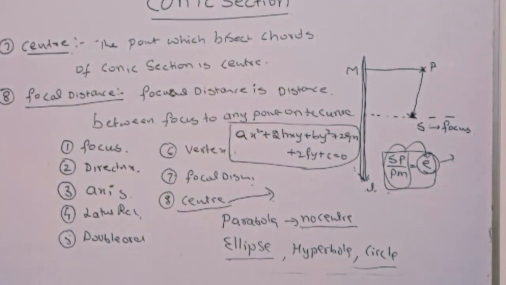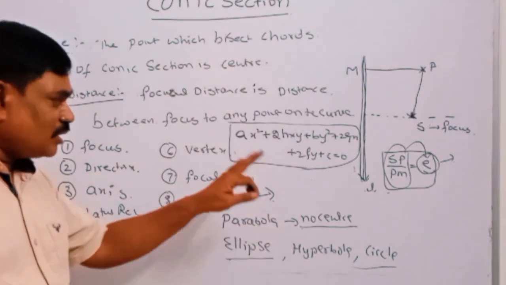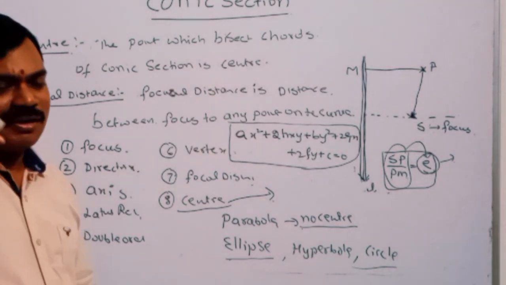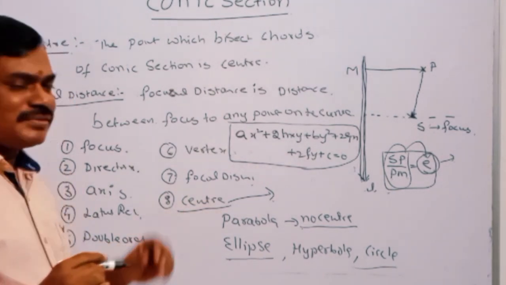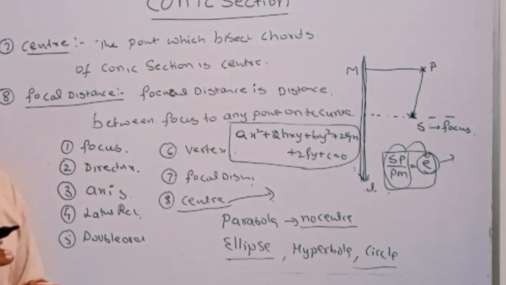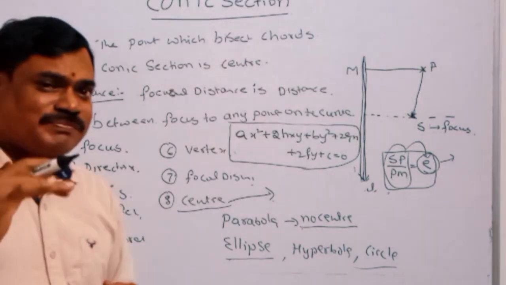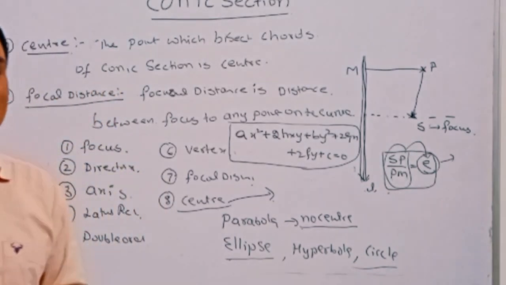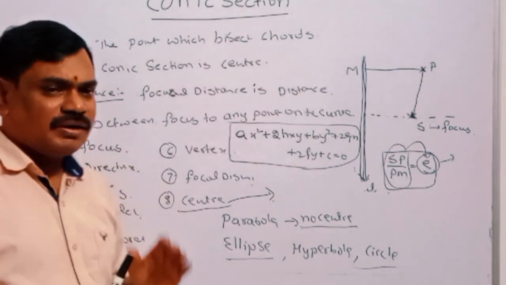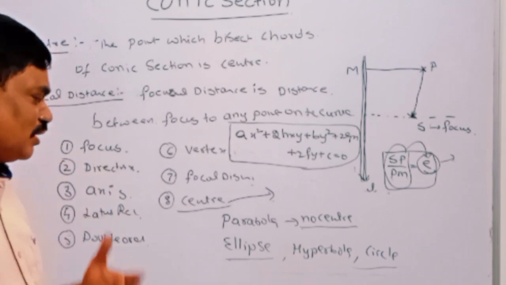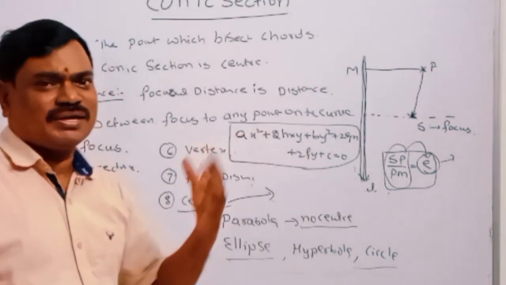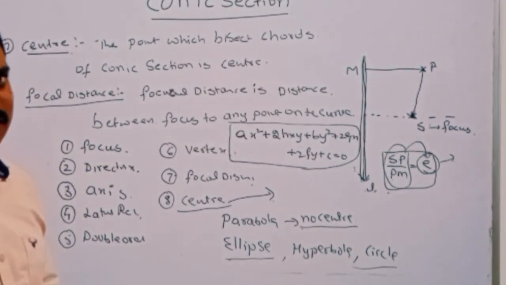Okay, all of you. So these are in the same plane. When a plane cuts the double cone in different orientations, we will get different conic sections. These conic sections are parabola, ellipse, hyperbola, circle, pair of straight lines.